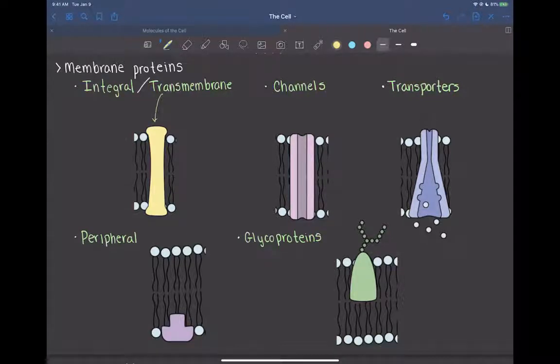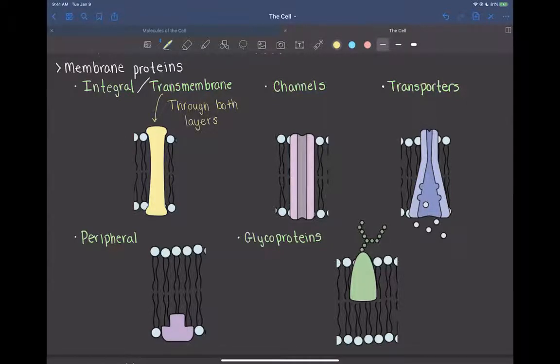So transmembrane protein or integral membrane protein. These are going to be through both layers of that phospholipid bilayer, and those are actually referred to as leaflets, so both layers or leaflets of the membrane.